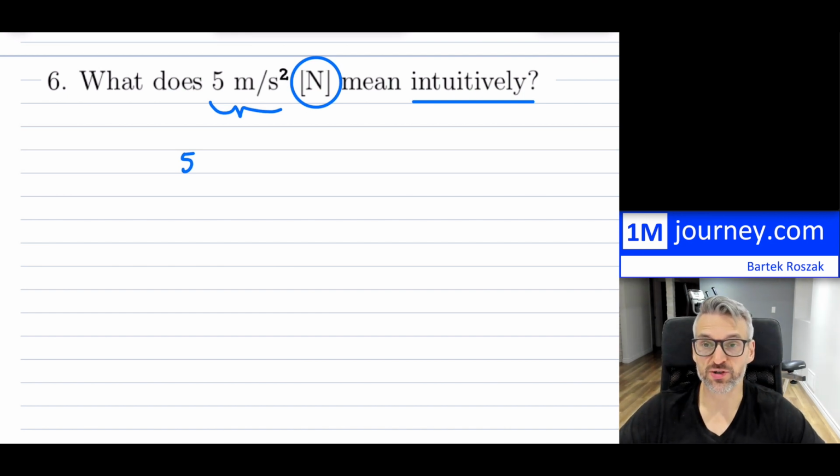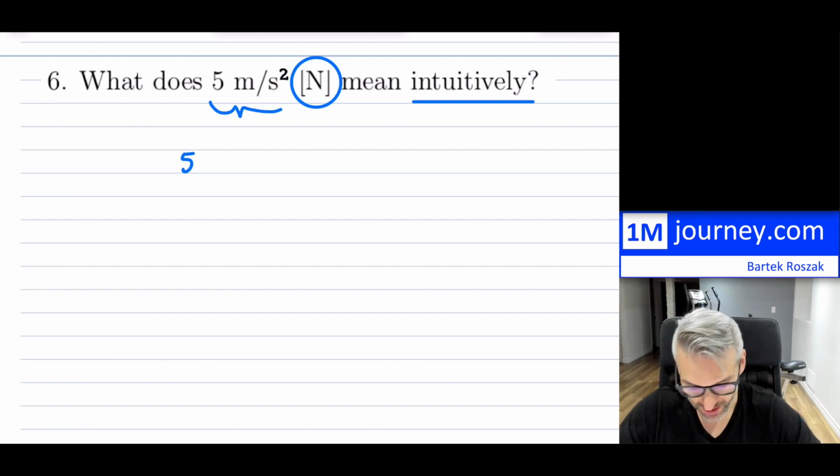And now meters per second squared, we write this in shorthand when we are doing measurements of acceleration. In this case, we would be accelerating, so either speeding up or slowing down. Now, eventually you might get into changing of directions. But in this case, let's just stick to the speeding up and slowing down concept.